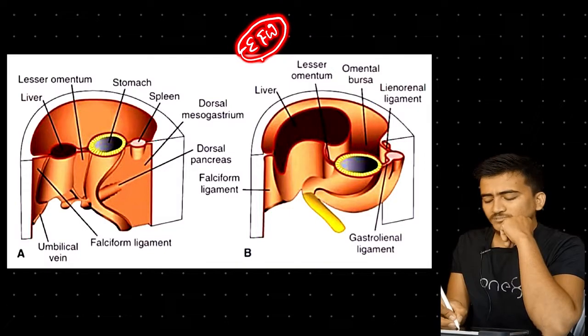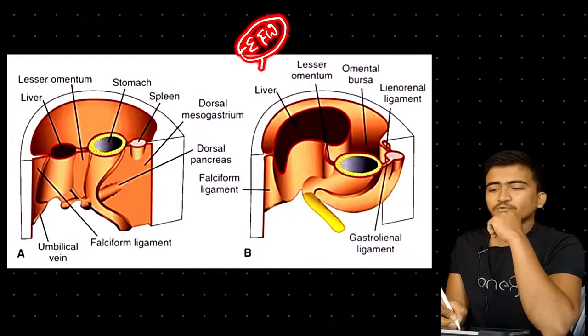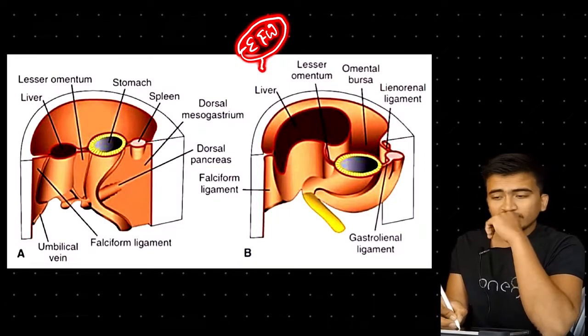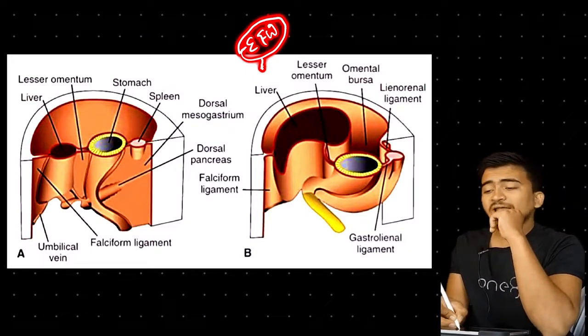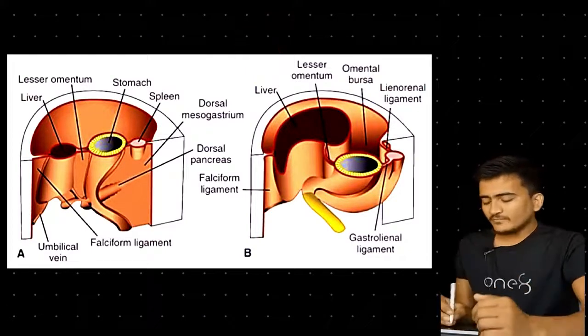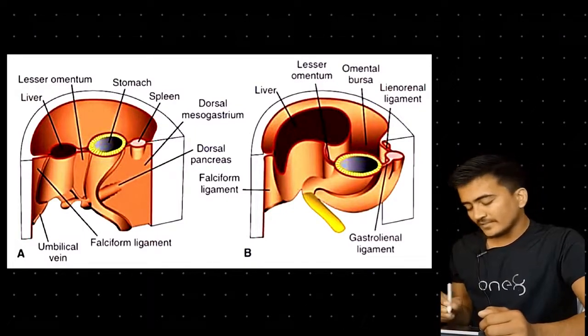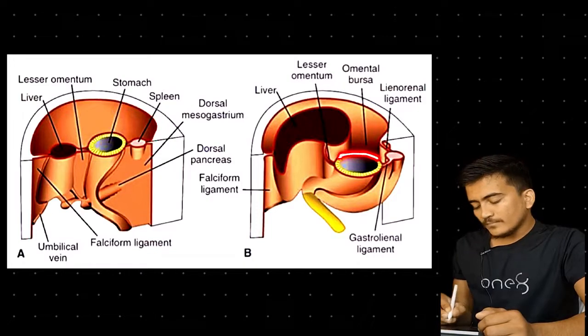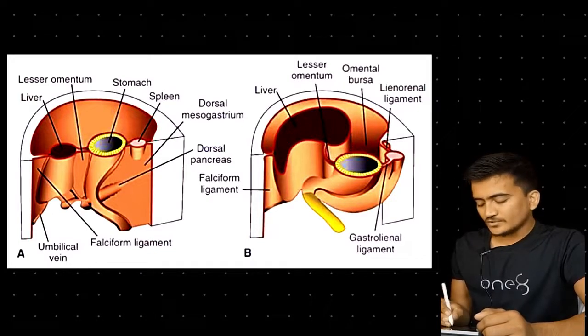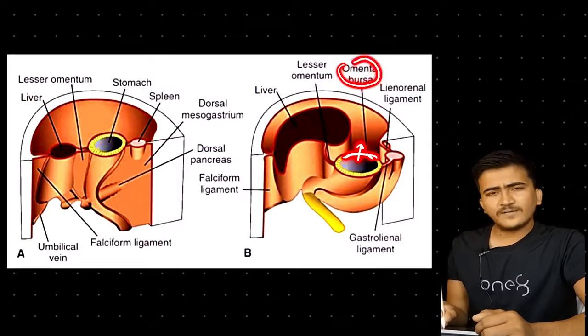Now, why is the Epiploic Foramen of Winslow so important? It is important because during perforation of the stomach, because of an ulcer or something, the content of the stomach will reach the omental bursa, right?